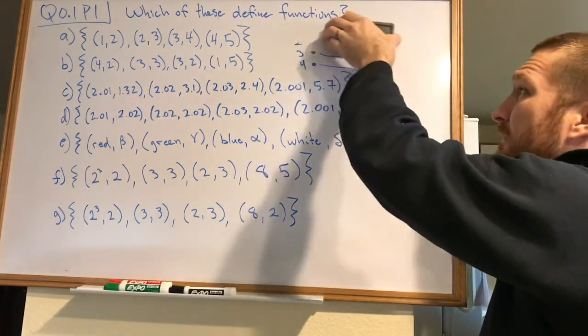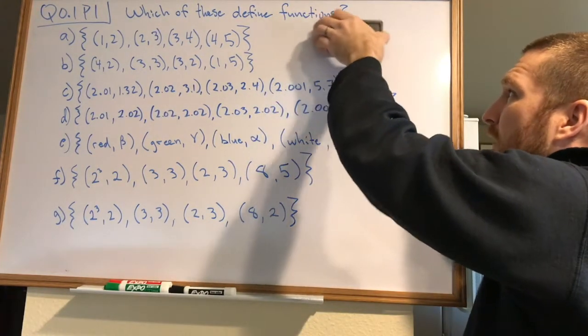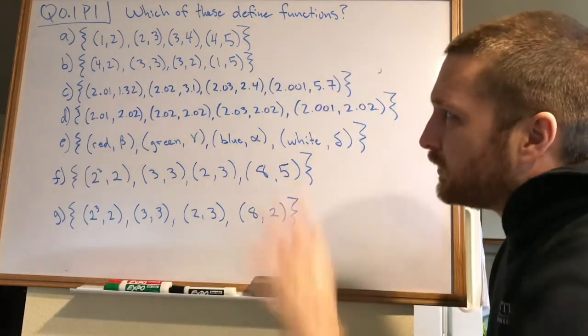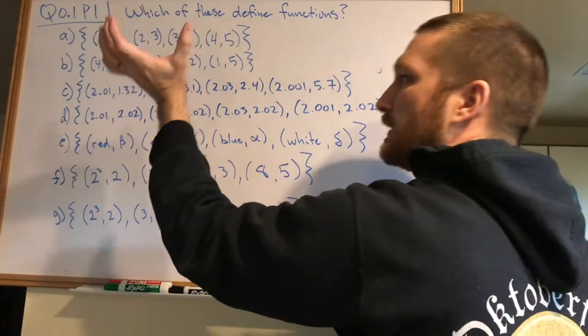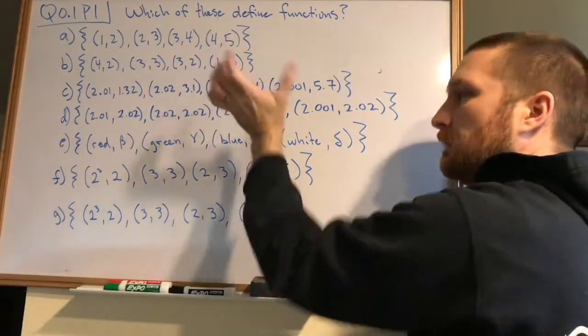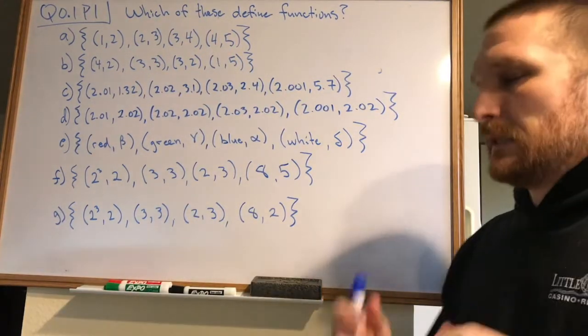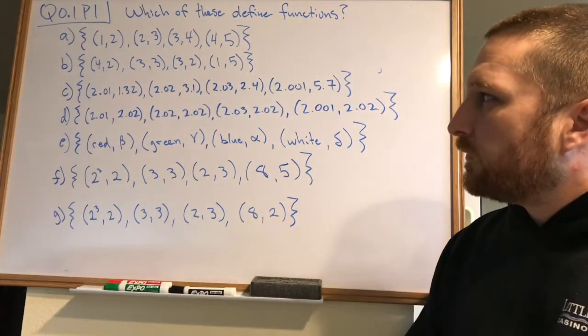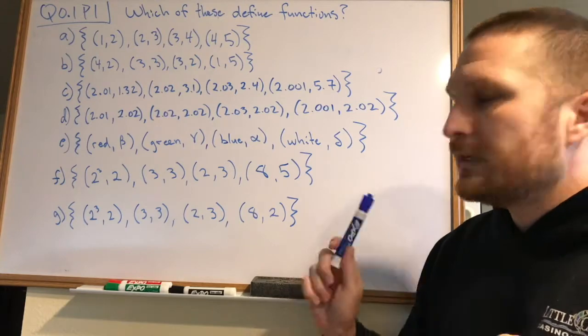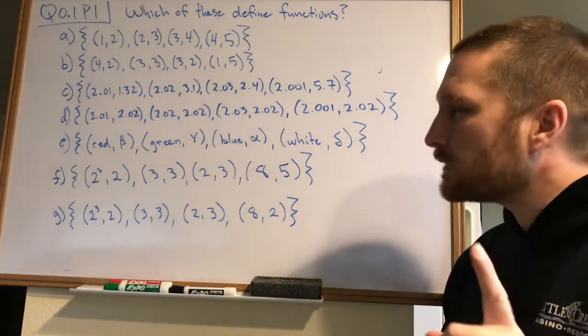And the way I think about these, if I'm presented with this information in this form, with sets of ordered pairs, sets of input and output values, what I'm going to look for is, is every input value only defined once?